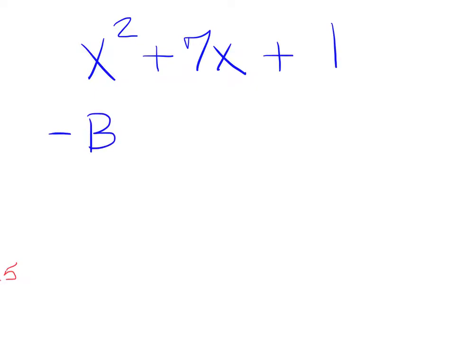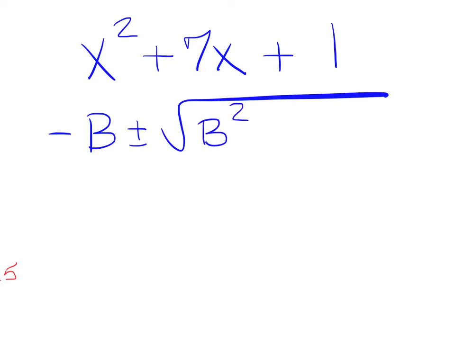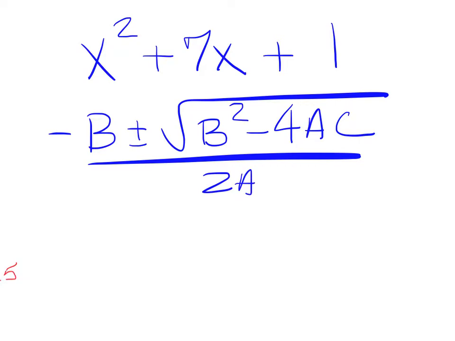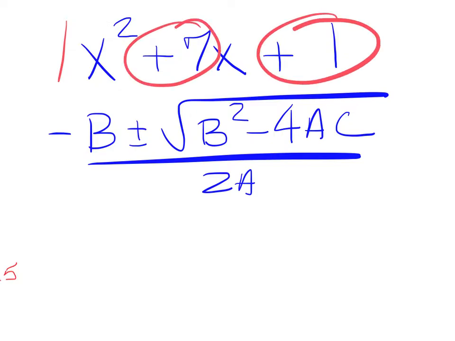The app crashed during the course of the video creation, so we'll just pick up where we left off with the quadratic formula, which is negative b plus or minus the square root of b squared minus 4ac over 2a. And we plugged in a, b, and c, which we know is 1, 7, and 1.